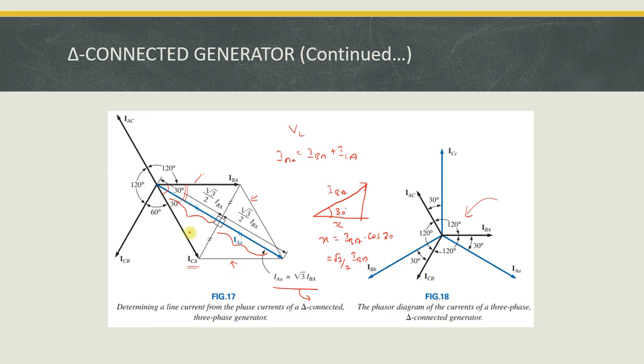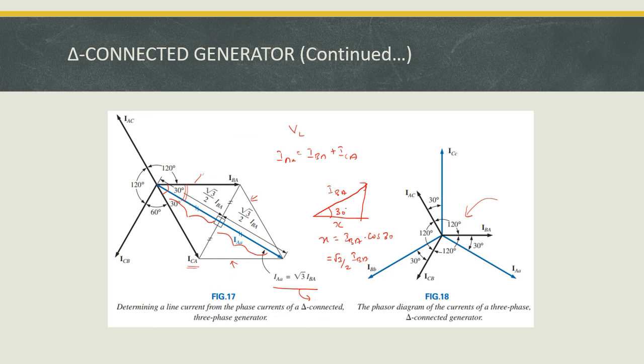From this phasor diagram, two inferences can be concluded. The first is that the angle between the line current and phase current is 30 degrees. Similarly, the line current is equal to root 3 times the phase current.